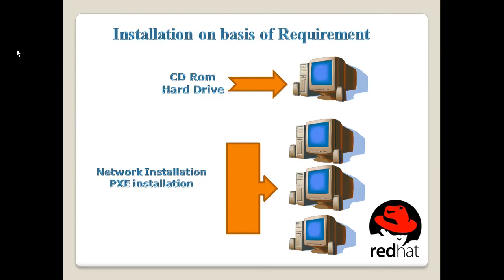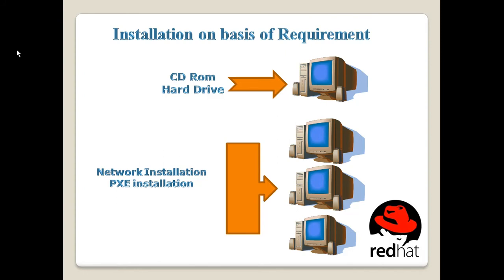Now the installation basically depends upon the requirement. Suppose we want to install it on a single machine, then we may install it with the help of the CD-ROM or the hard drive. But think about the scenario where the administrator is required to install this on hundreds of computers at a single time.